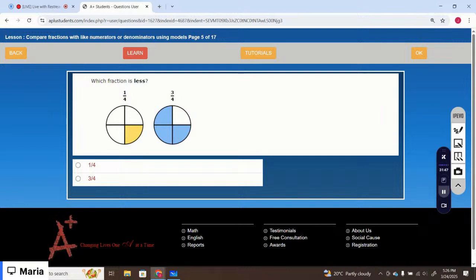Which fraction is less, 1 by 4 or 3 by 4? 1 by 4 is less than 3 by 4.